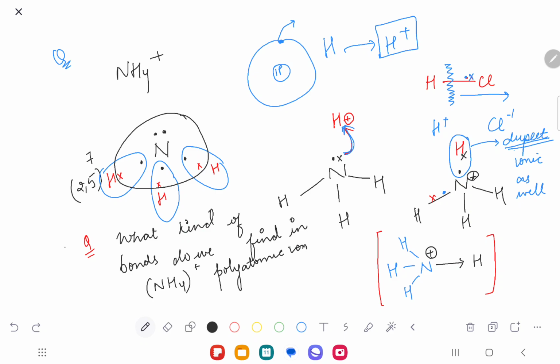That's my question. Tell me. You will say that I will have three pure covalent bonds and one coordinate bond. Yes or no? So this is how the questions are actually put up. Understood or not? Did you understand the concept? Now have a look at another question.